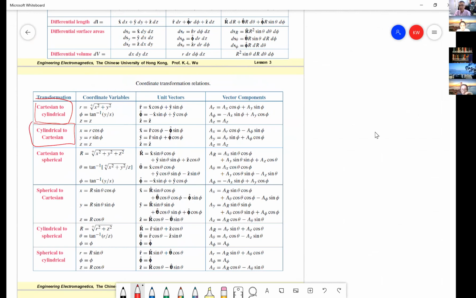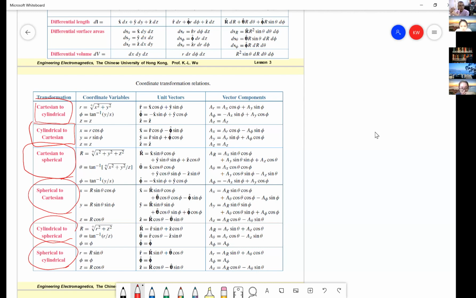We already discussed it, right? And then you can find out by yourself from Cartesian to spherical and spherical to Cartesian. And then also you can convert from cylindrical to spherical and spherical to cylindrical. So that's all the dictionaries.